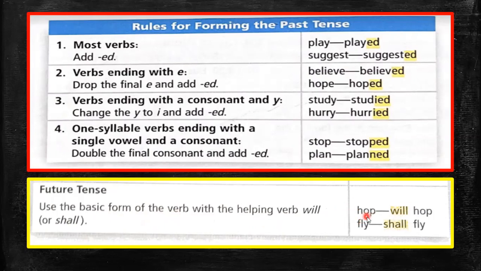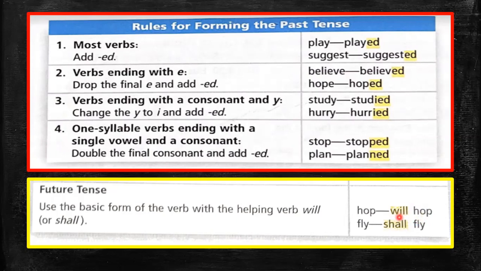Hop is the base form, and they formed the future tense by adding will, and then they kept the main verb. Don't forget that this is a verb phrase. When you have a helping verb and a main verb together, or even separated, like in questions, it is a verb phrase.